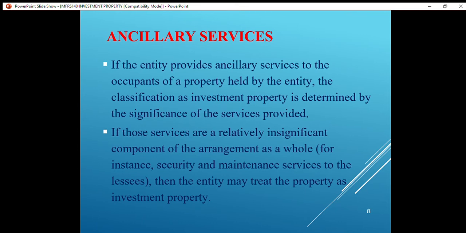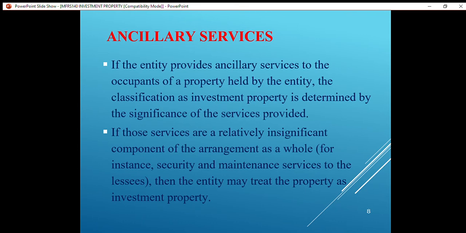But if the services provided by the owner of the property to the occupants are significant compared to the arrangement of the property as a whole, then the property should not be classified as investment property but as PPE under MFRS 116. So if the services provided to the occupants are significant to the arrangement of the whole property, then the property is not considered an investment property.